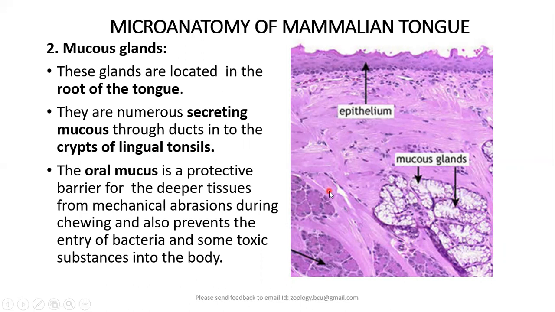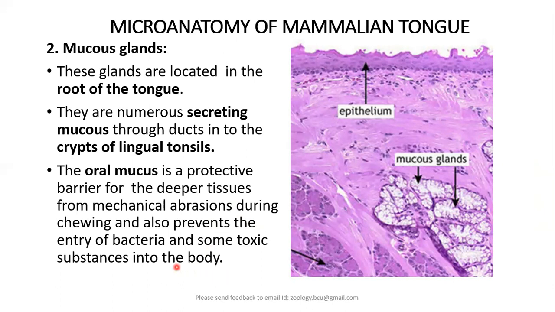The main function of the mucus, the oral mucus, is to protect the tongue and also the deeper tissues of the tongue from the mechanical abrasions during chewing and protection from pungent food materials, and also it prevents the entry of bacteria and some of the toxic substances into the body.